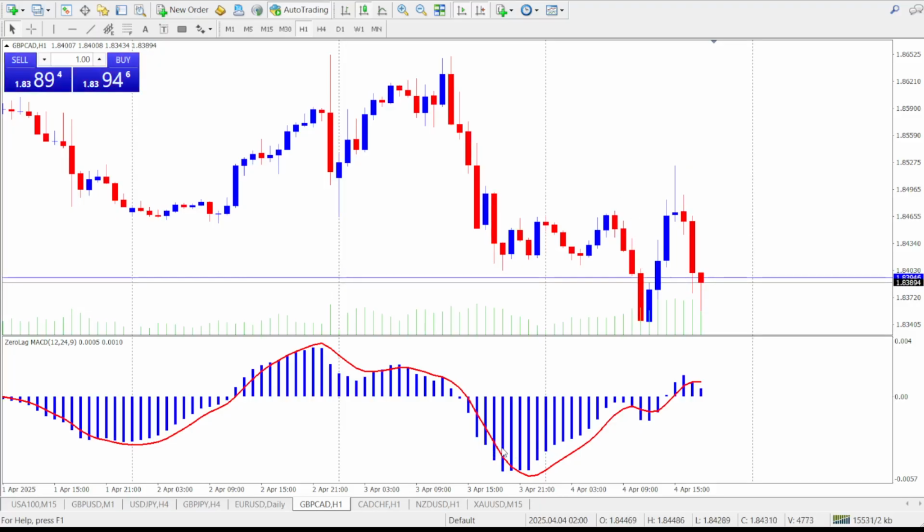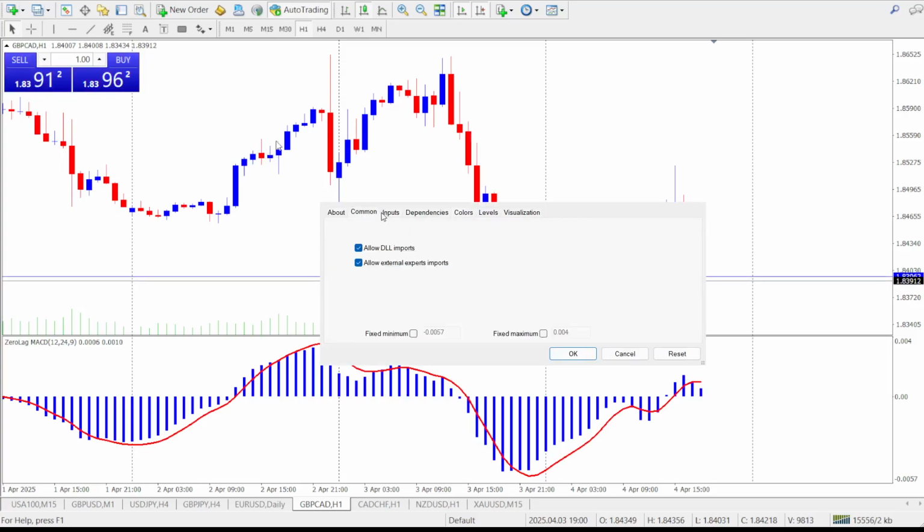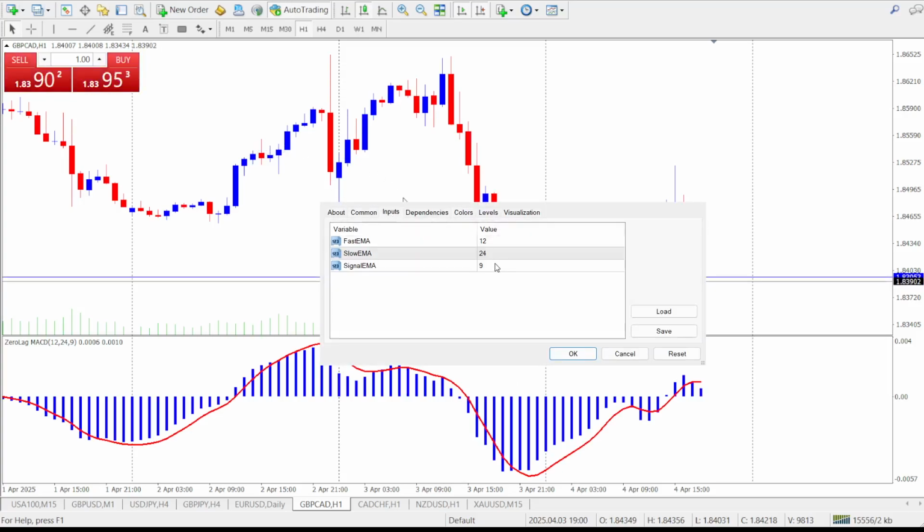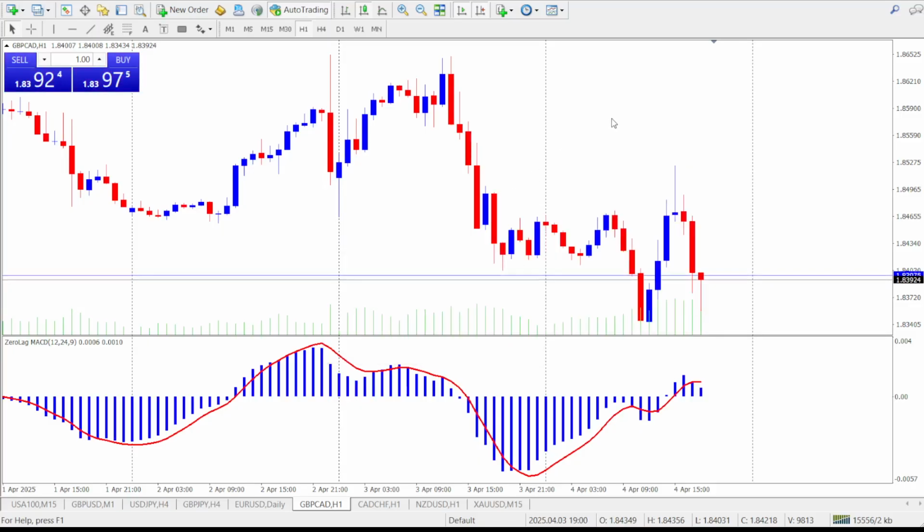Now, this indicator uses a combination of 3 EMAs: a 12-period fast EMA, a 24-period slow EMA, and a 9-period signal EMA. This gives you a more accurate representation of market momentum and helps you identify trends more clearly.